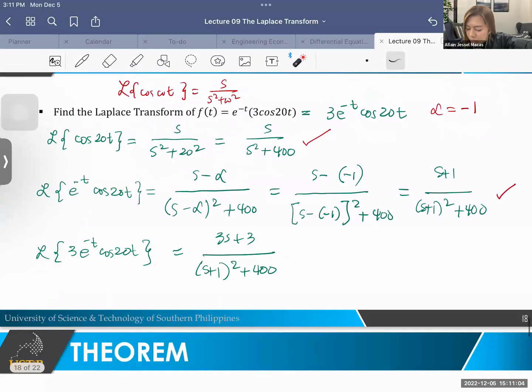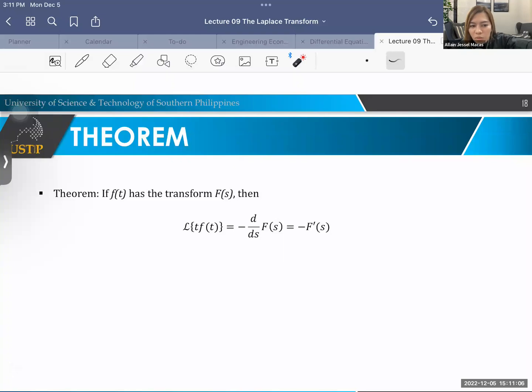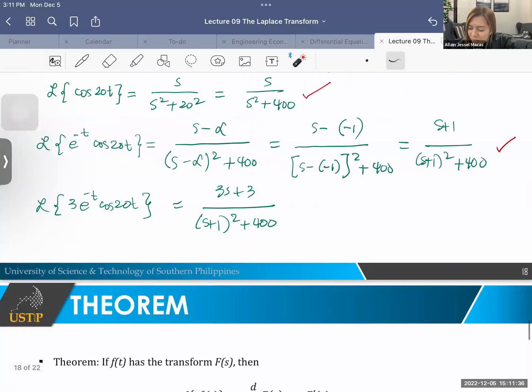We have the theorem for t, and then the more general theorem, which is t to the n. But if you have a polynomial, for example t squared plus t plus 1, we can break it apart and use our known theorem for t and t to the n. And that's the next topic actually.